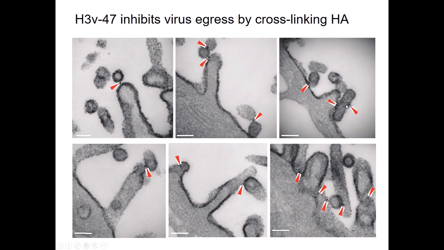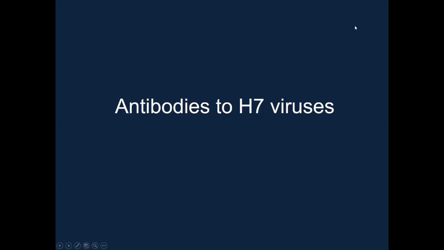And the antibody, we always see it in the junction between the cell surface and the particles. So we believe that this antibody is not blocking attachment, it's blocking egress of the virus from infected cells, and it's probably cross-linking HAs on the cell surface and on the particle. It's a tethering mechanism, which is a new mechanism of neutralization of flu.